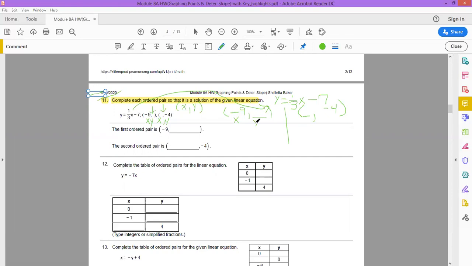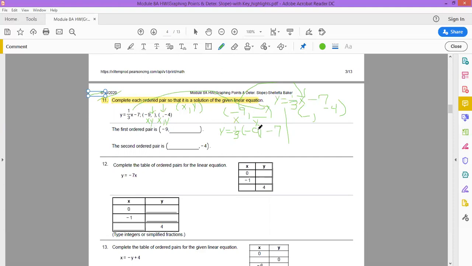We're looking to find the y-coordinate in order to fill in that space. So we would substitute -9 for x into our given equation. We'll rewrite the equation and replace the letter x with -9. That becomes y equals 1/3 x, but instead of writing x, remember we're substituting -9. So 1/3 times -9 minus 7.